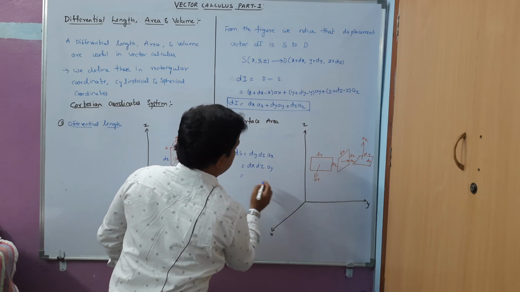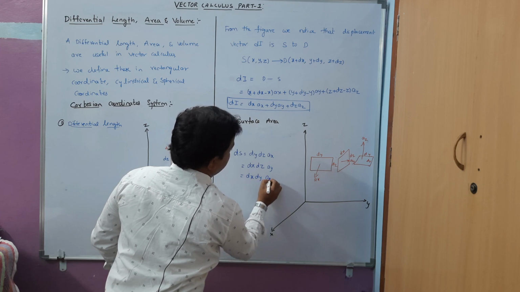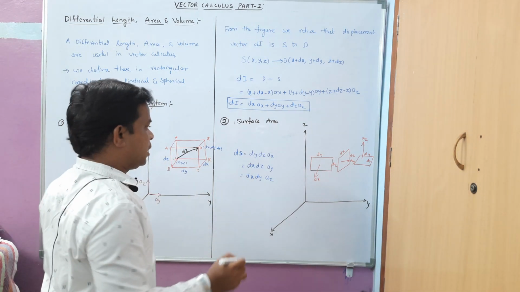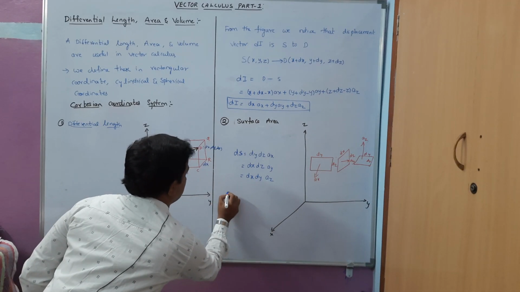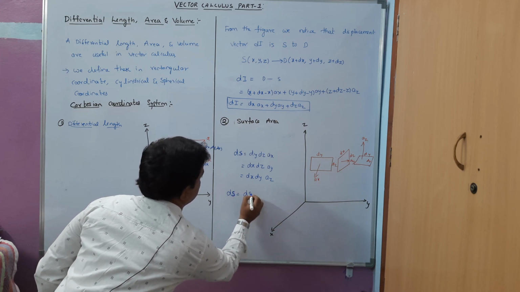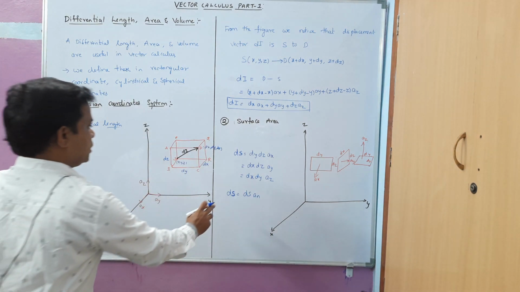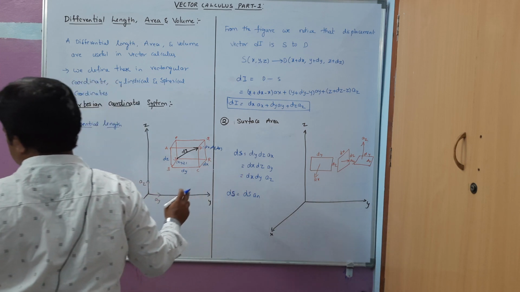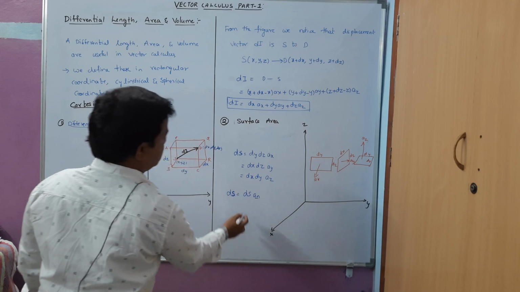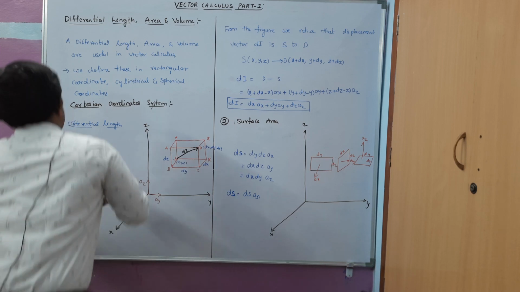Similarly I get dx dy, and the unit normal vector is az. So this is also one of the vector differential surface areas. Now we can write this as ds equal to the magnitude of this into an, the unit normal vector. So the differential surface area is given like this. Here ax, ay, az are the unit normal vectors to this plane or area.